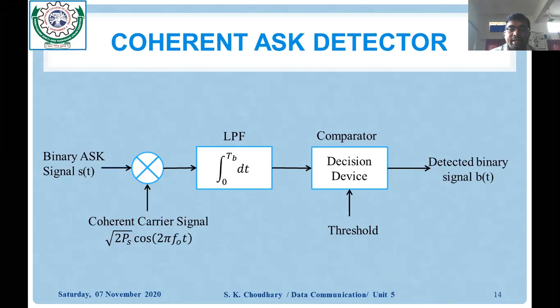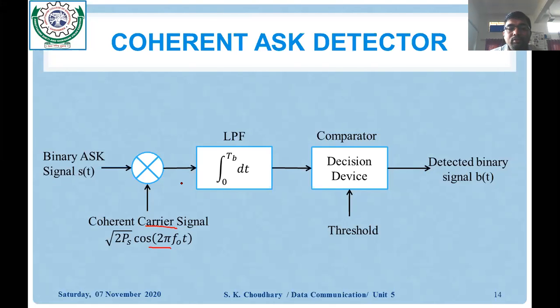This carrier signal is locally generated at the receiver end, using knowledge of the carrier signal at the transmitter end, and both carrier signals have the same frequency, same phase and same amplitude. So it is again square root of 2Ps cos 2 pi f naught t. That's why it is the same value.